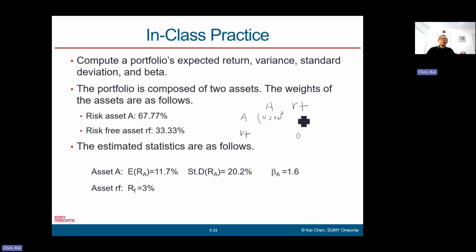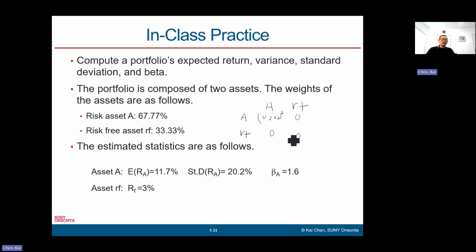Then what is the covariance between these two assets? Of course, it's 0. And symmetrically around the diagonal, the cell below the diagonal should have the same value as the cell above the diagonal. So here it is 0.